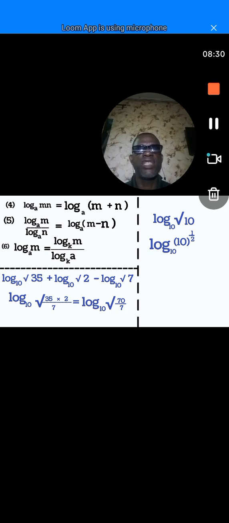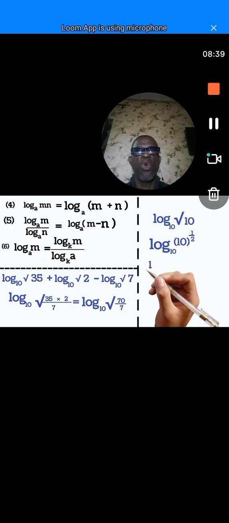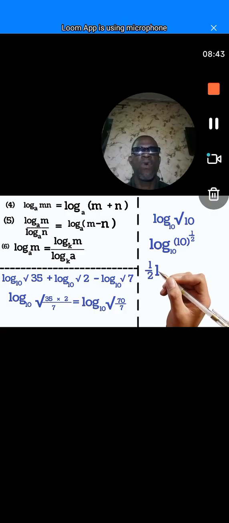And when the power moves to the other side, it becomes 1 over 2 log 10 base 10.